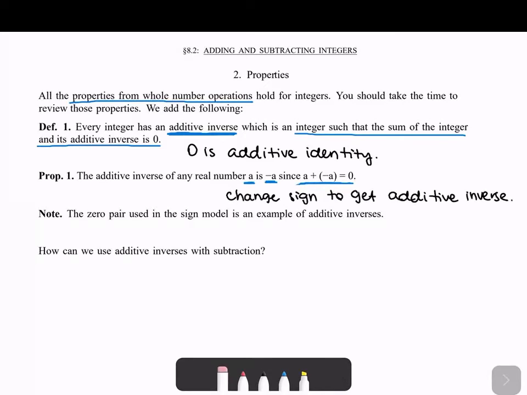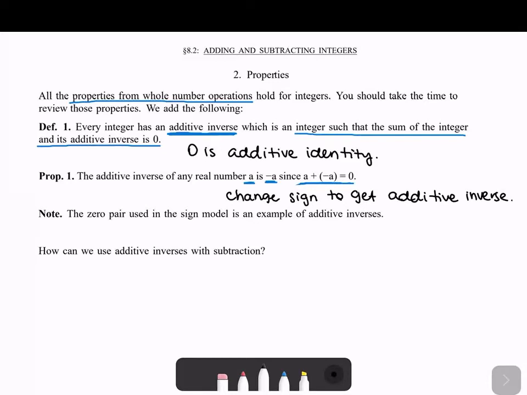And the reason that we haven't talked about this until now is because none of our other numbers had additive inverses, because we didn't have negatives. So remember that the whole numbers are just the set of the counting numbers, the natural numbers, and 0.